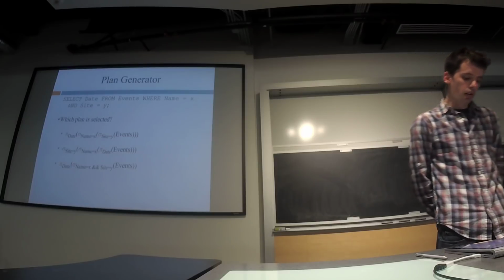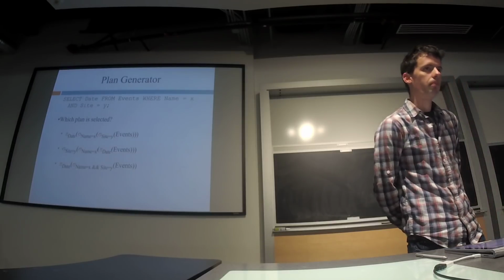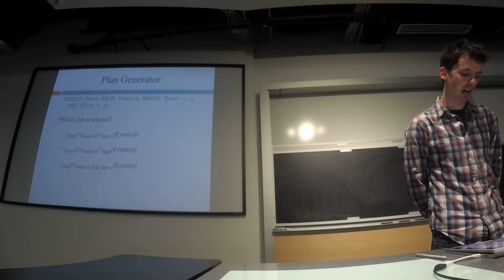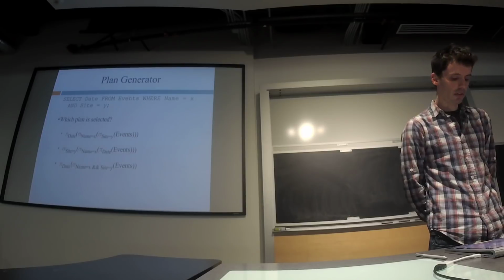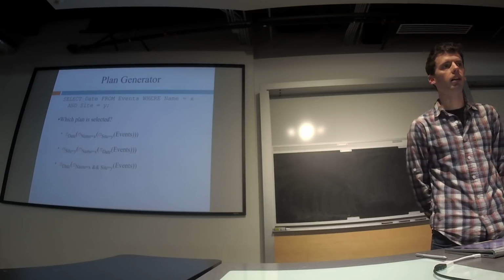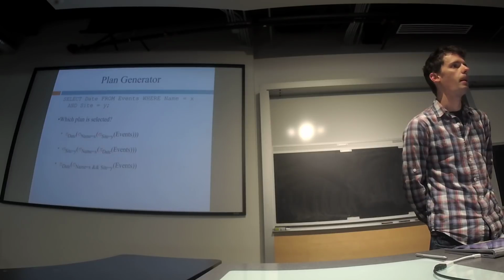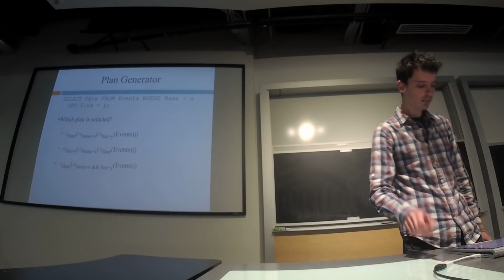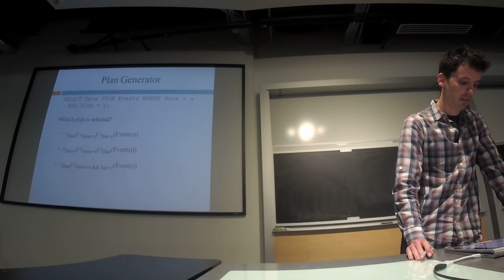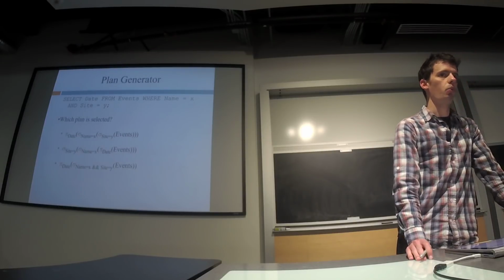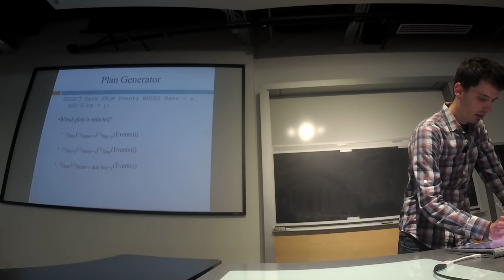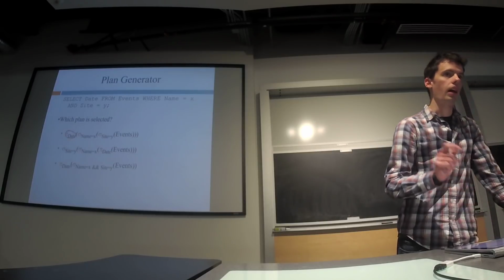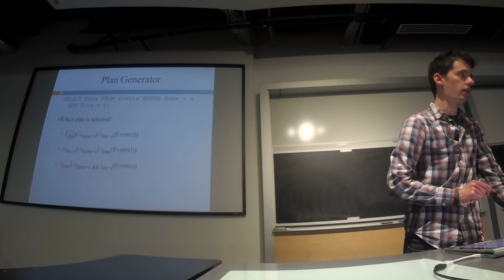So for this query, this is the chess database. It doesn't really matter because we just have column names here. First of all, are all of these valid plans? So let's look at them. Select date from events where name equals X and site equals Y. Okay, so SQL select turns into relational algebra project.